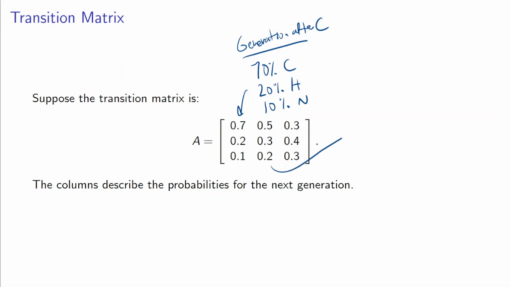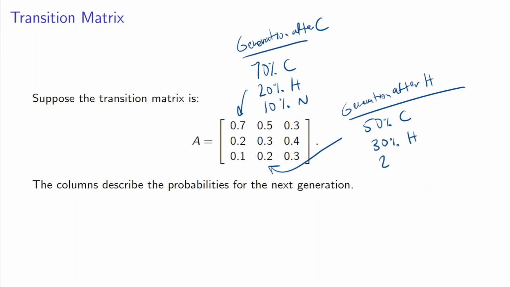This second column is the generation after H. So if someone just completed high school but not college, there's a 50% chance the next generation would complete college, 30% they would just complete high school, 20% that they would not complete high school. And these are, I should point out, just completely made up probabilities for this example.